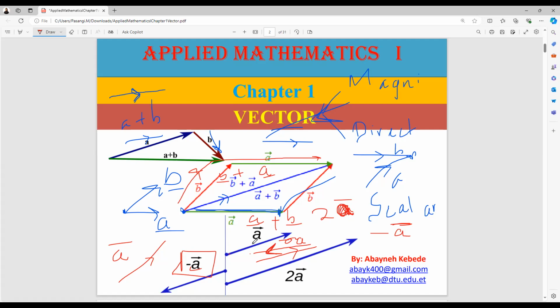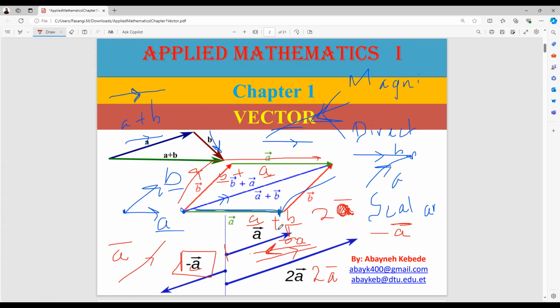Direction is either this side, the side of vector A, or minus A. If it's vector 2A, what will happen? We already drew vector A, so this 2A vector will lie in the same direction, but what about the magnitude?